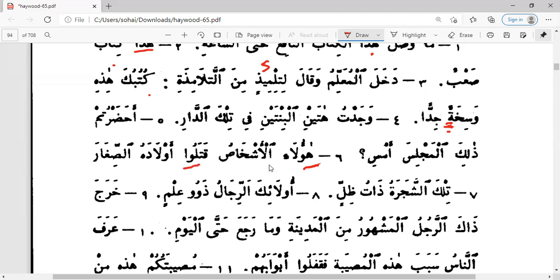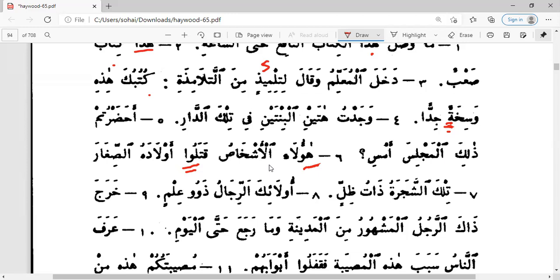So, sir, can the same sentence be written by starting the sentence with the verb? Yes. But if you write it like that, we will use the singular form of the verb, right? Yes. You will say قتل هؤلاء الأشخاص أولاده. Yes. Carry on, Nazir. Finish it off, please.